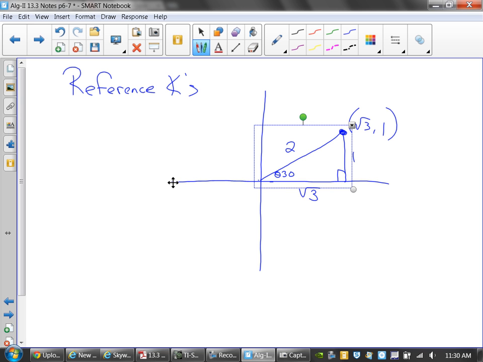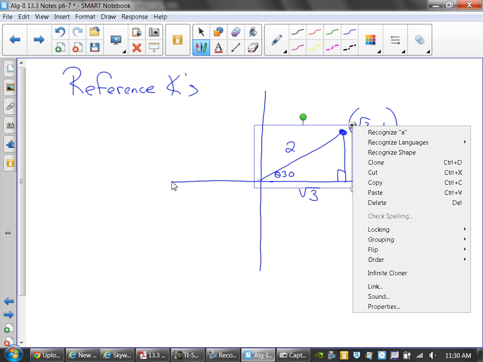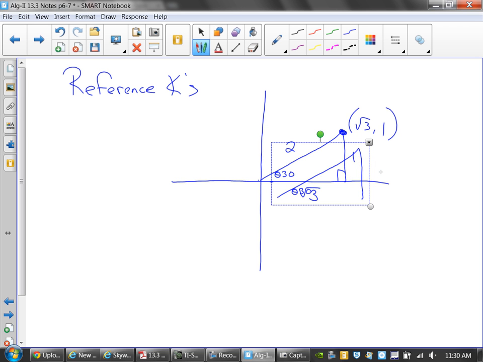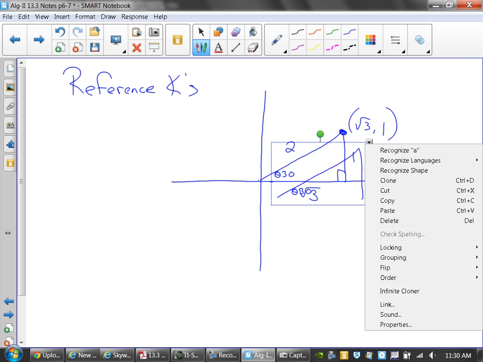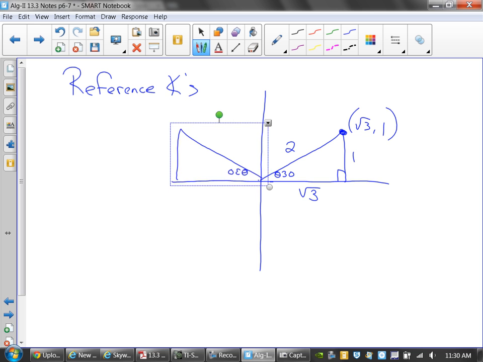there we go. If I redraw this triangle, over here is my 30-degree theta. Notice how the 30-degree theta is bounced up above the 180 degree.